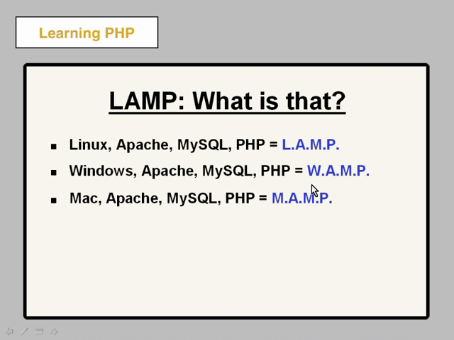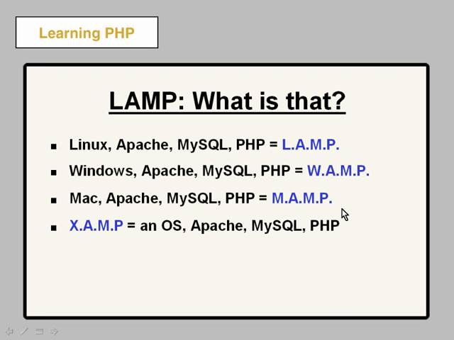There are other flavors, like for Mac, for example. Then you just put that M there, and it's MAMP, whatever you want to pronounce there. It's up to you. But then you're dealing with the Mac. And then there's XAMPP, and that is really any operating system or different flavors of operating systems. And we'll talk about that as well.